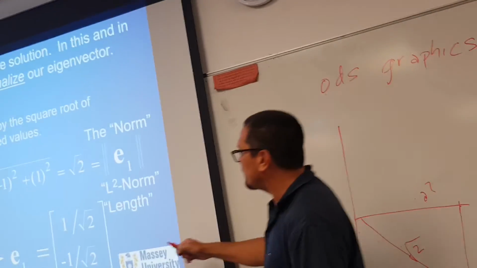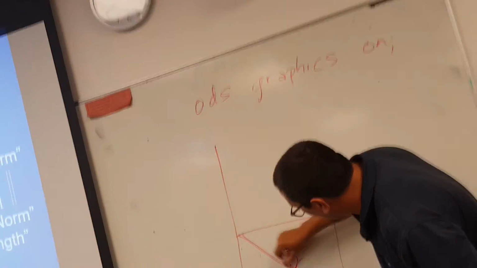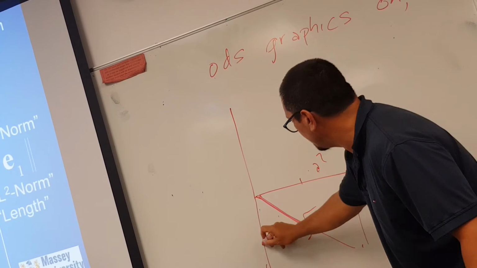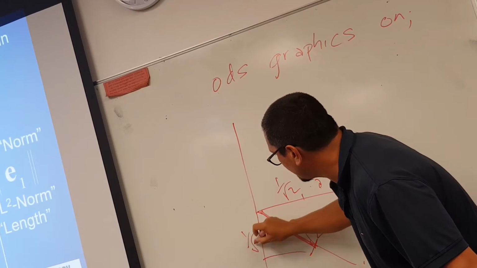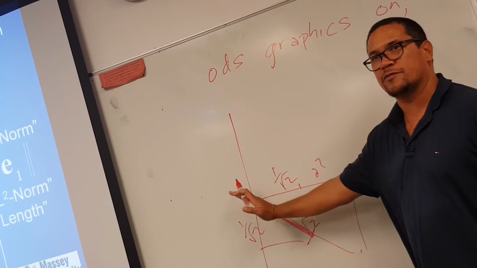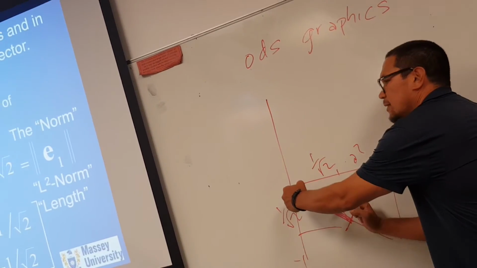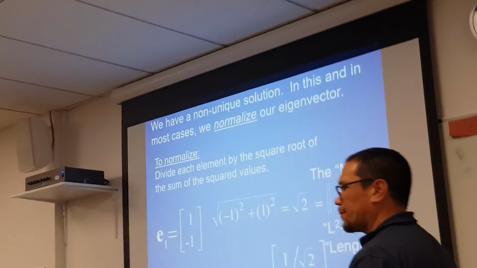By dividing it by square root of 2, this distance here is only of unit length, a distance of 1. That's all we're doing. We're just shortening this vector so that it's only of length 1.